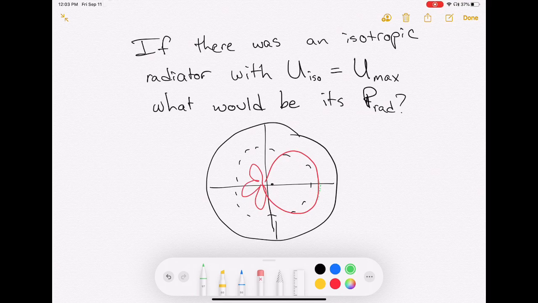So my isotropic radiator is going to have the same radiation intensity all the way around as the very maximum value of the radiation intensity of my antenna. And then if I find the radiated power of that isotropic radiator, then that is my red antenna's EIRP.